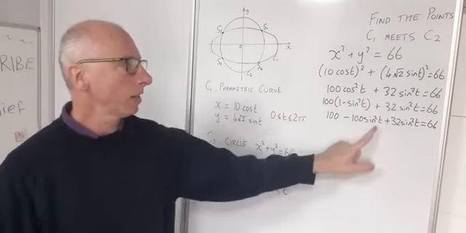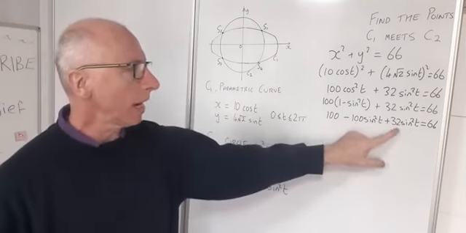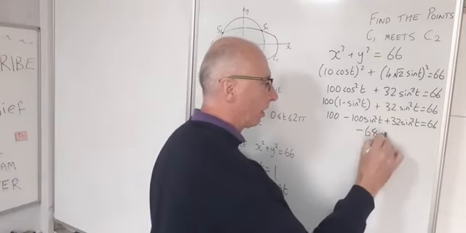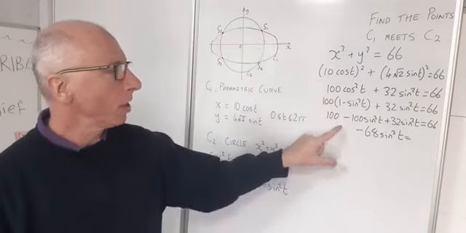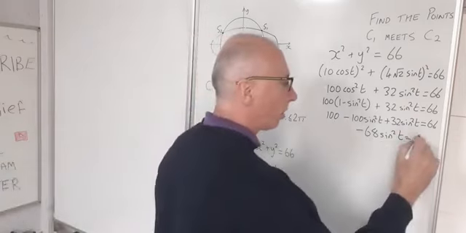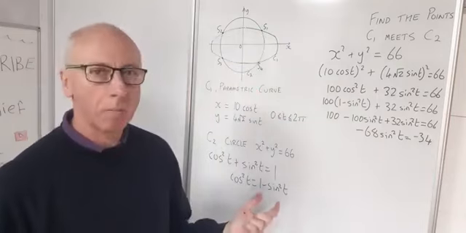Okay, right, let's get the sine squared terms together. So that gives me minus 68 sine squared t. And if I subtract 100 from both sides, I get minus 34 on the right. Okay, right, isolate sine squared t, divide by minus 68.